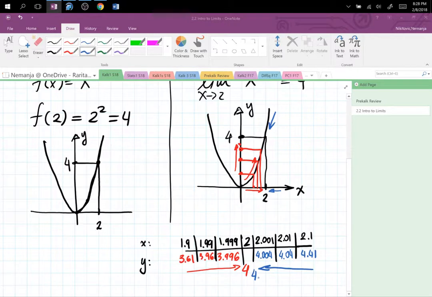All right? So instead of computing values directly, we are going to look at the trend of all y values and say, where are these going? And clearly in this case, the red ones, from 3.61 to 3.96 to 3.996, are clearly going to 4. These guys, 4.41, 4.04, 4.004, are clearly falling into 4 from both ends.